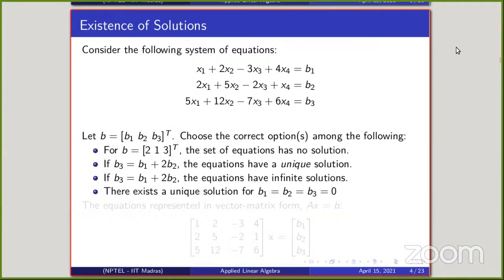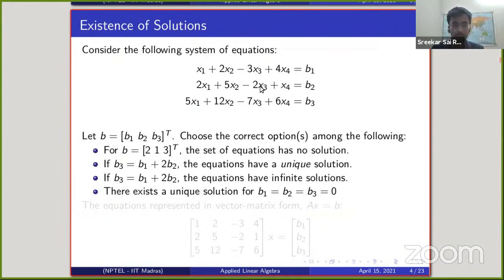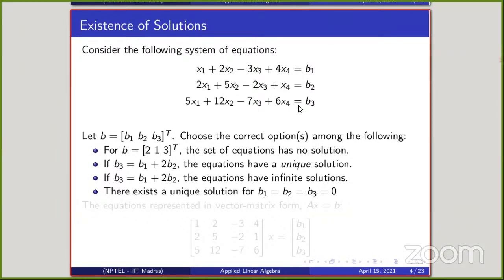Yeah, so I'll be presenting two questions with regards to week 3. The first question is that we have a system of 3 linear equations, and the right-hand sides B1, B2, B3 are given to be variables based upon which the question is posed.